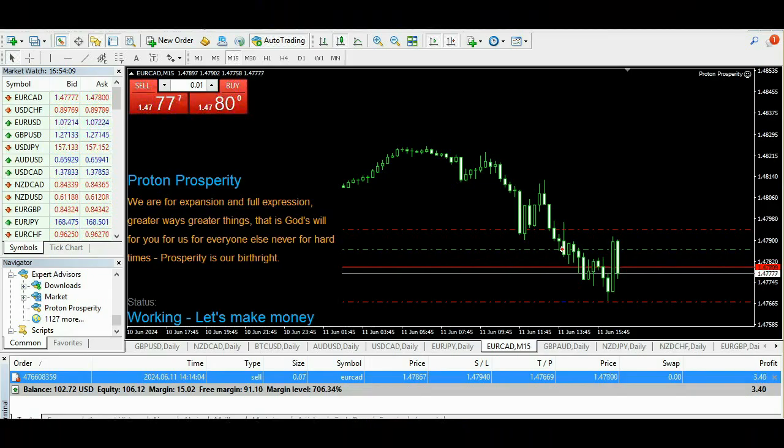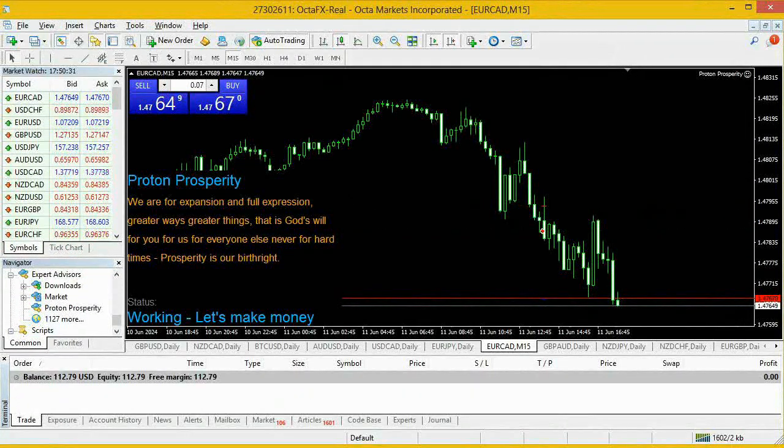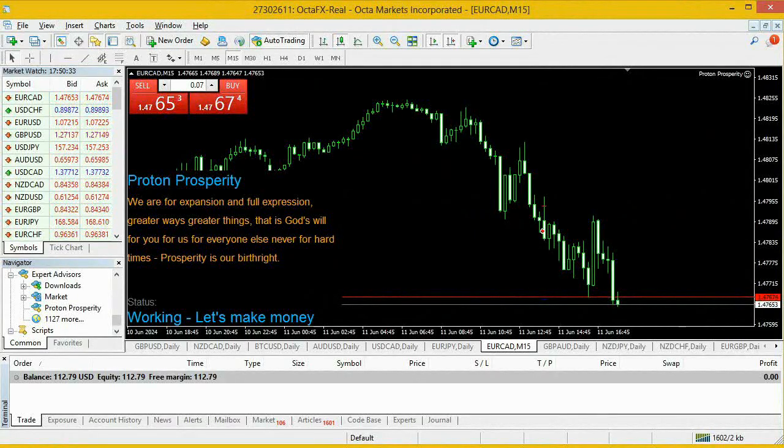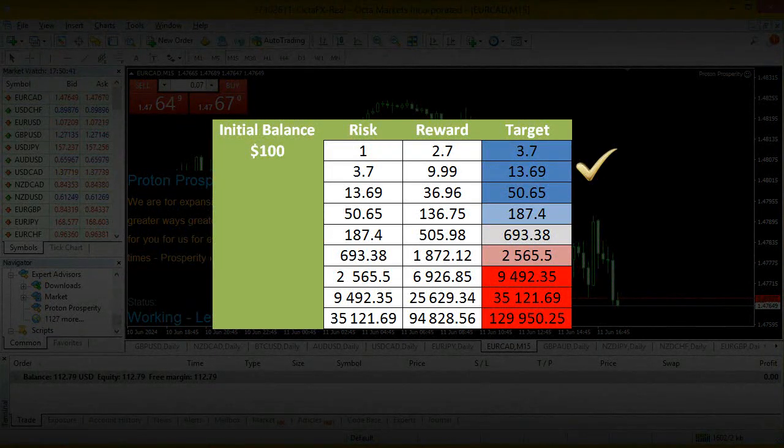About 3 hours 35 minutes into the trade. Take profit triggered. That brings us here.